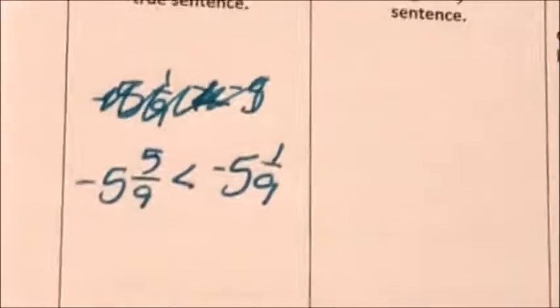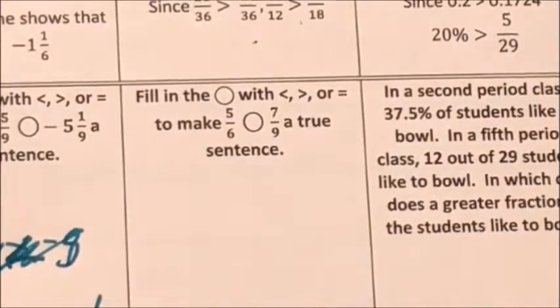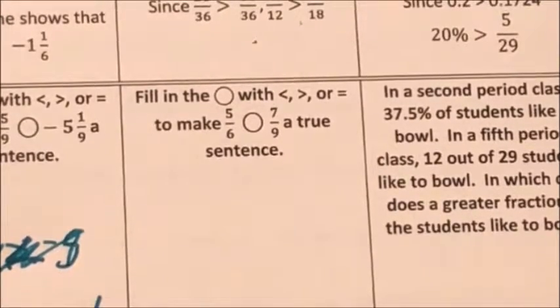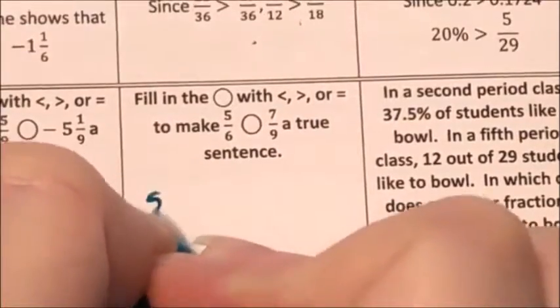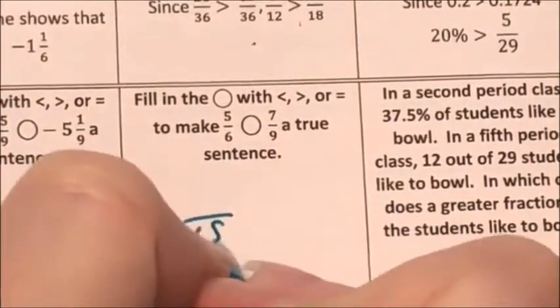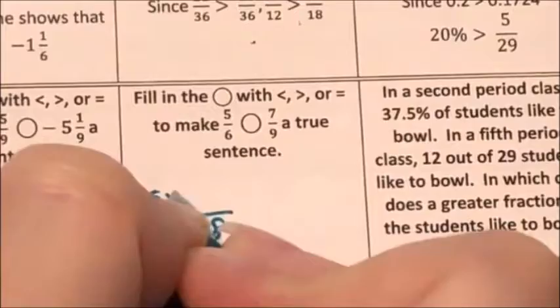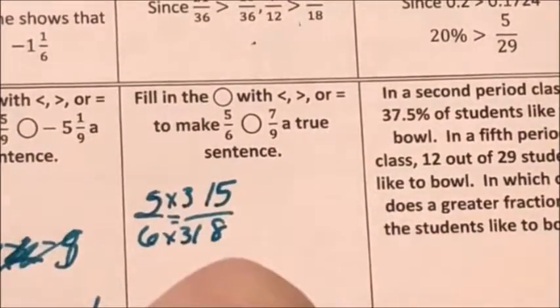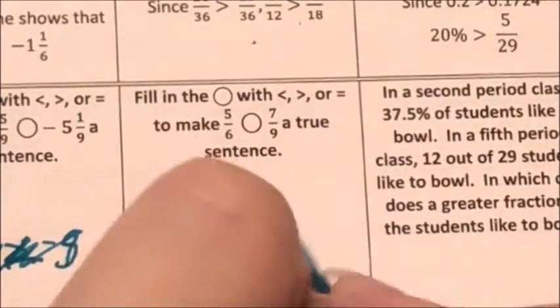Okay. Problem number 2 says fill in the circle with less than, greater than, or equal to make 5/6 and 7/9 a true sentence. Okay. So I need to come up with a common denominator. A common denominator is 18. In order to do this, I had to multiply by 3 for the 5/6, so I get 15/18.